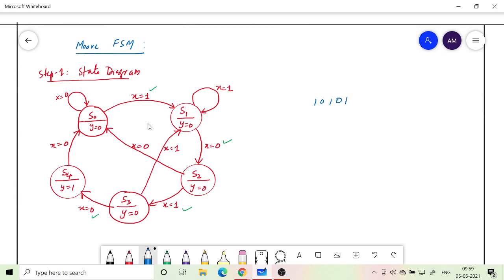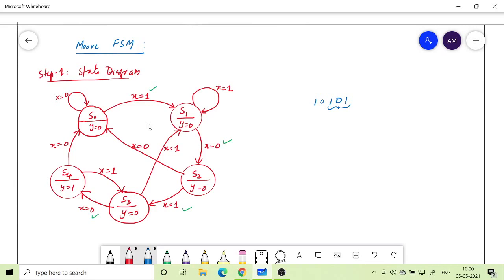But if it is 1, then I can consider these 3 bits as my next state. So that means 1 0 1. So I can come back here if x equal to 1.